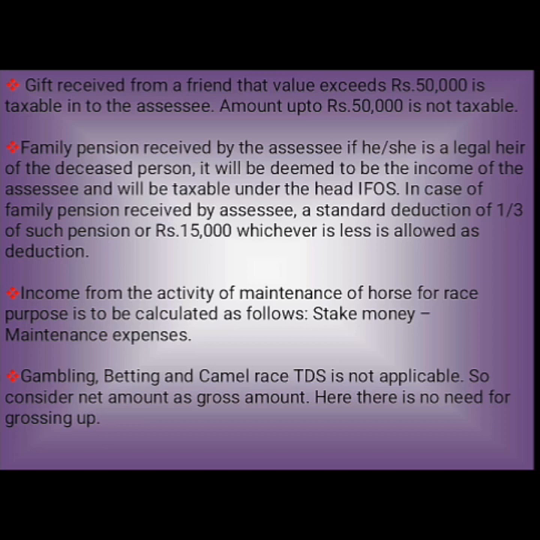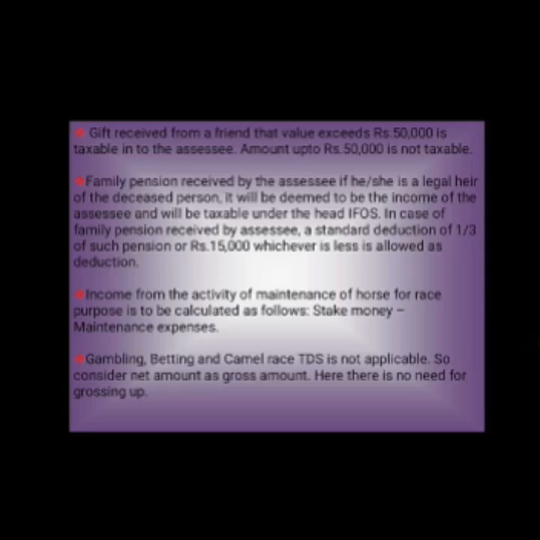If he receives his own pension, then that pension should be posted under the head salary. In case of family pension received by the assessee, a standard deduction of 1/3 of such pension or rupees 15,000, whichever is less, is allowed as deduction.